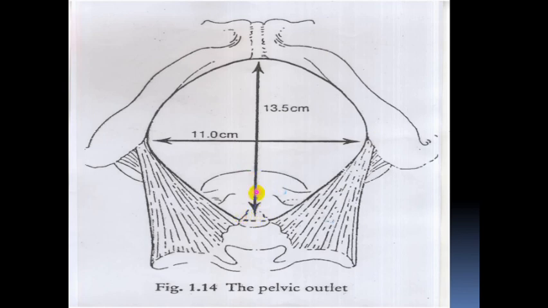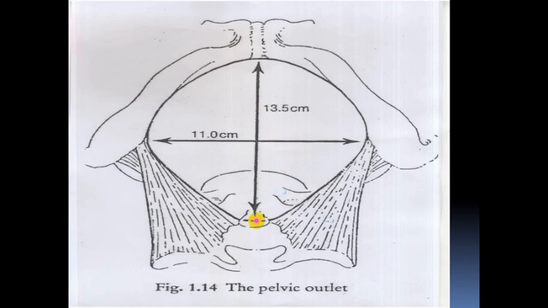And as you can see, the anterior-posterior diameter of the pelvic outlet is about 13.5 centimeters, while the transverse diameter is much smaller, and it is about 11 centimeters. This is what is called the pelvic outlet, which is diamond in shape, in which the transverse diameter is much smaller compared to the anterior-posterior diameter.